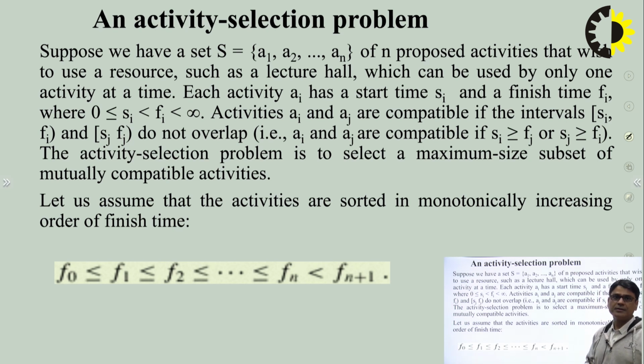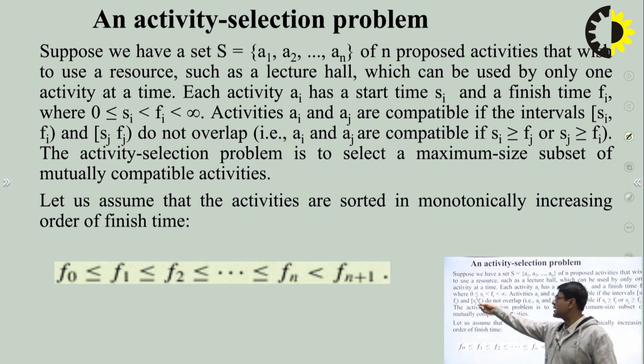Some start time is there, some end time is there, and when the activity starts, until the activity ends, we are not able to conduct any other activity in that particular lecture hall. So some components are required: every activity has some start time, some finish time, and the ratio between start time and finish time is basically this.